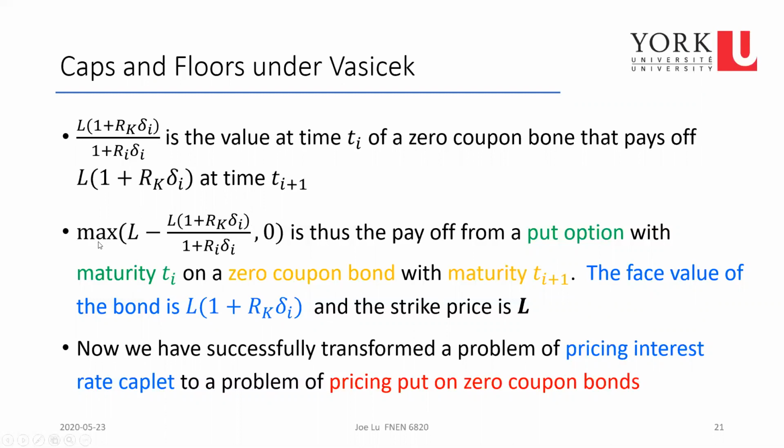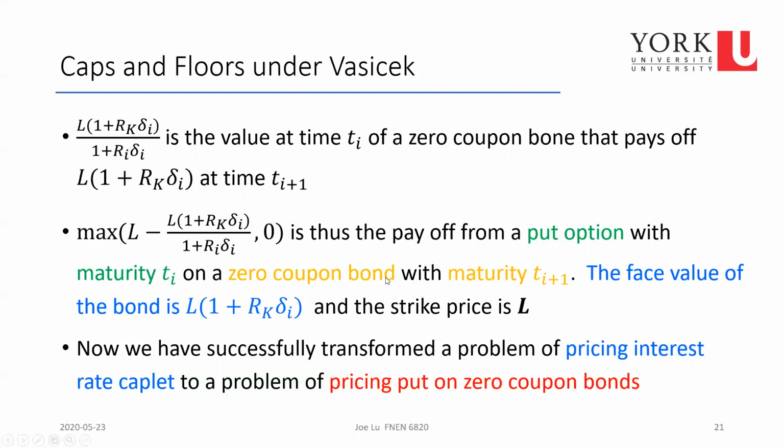So essentially, when you have this max function of L minus this thing, L is minusing a present value. So this max function is really then the payoff from a put option, right? So you can look at this L as a strike price. The put option has a maturity of Ti and is on a zero coupon bond that has a maturity of Ti+1.